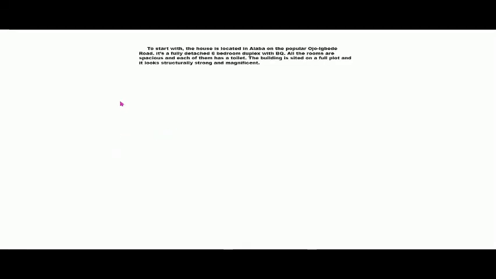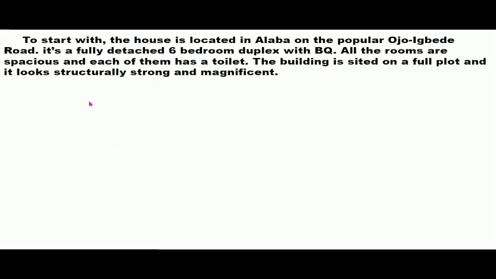In paragraph 2, this is where the description of the house begins. And you can start the paragraph with what we call a connective, okay? To start with, the house is located in Alaba on the popular Ojo-Igbede Road. It's a fully detached 6-bedroom duplex with BQ.